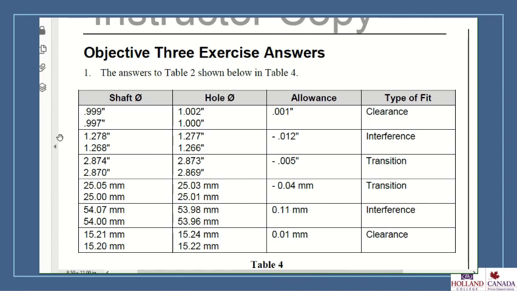So if you use your calculator, 1.266 subtract 1.278, you're going to get a negative 0.012. So in this case, we have an interference of 0.012 inches. So go ahead and complete the next 4 exercises in that table. Pause your answers and come back here to check your answers.